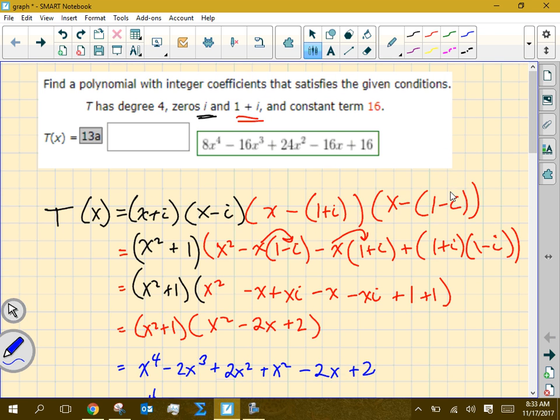If you were to graph this, you would see that you have a 4th degree polynomial that never touches the x-axis, right? You've got 4 imaginary or complex zeros.